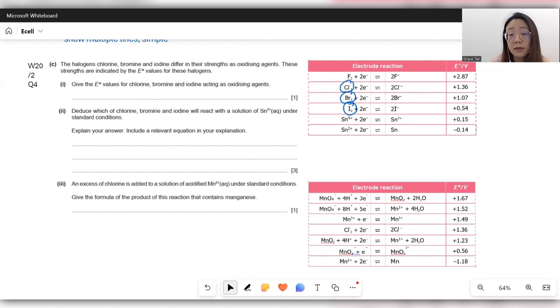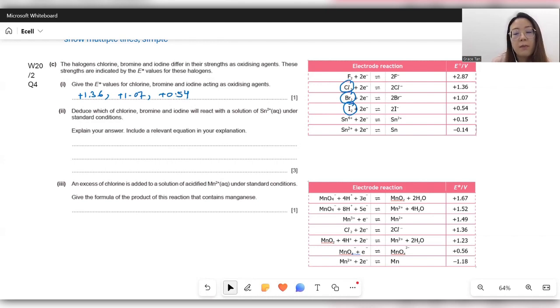So then give the E values for chlorine, bromine, iodine acting as an oxidizing agent. The equations are written in reduction format, right? So reduction means you're an oxidizing agent. So you want to quote the values out for them. So chlorine is positive 1.36. Bromine is positive 1.07, and iodine is positive 0.54.